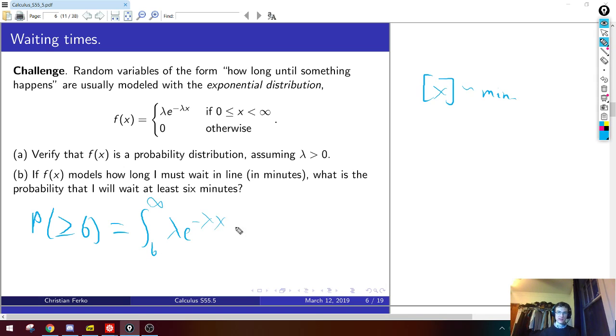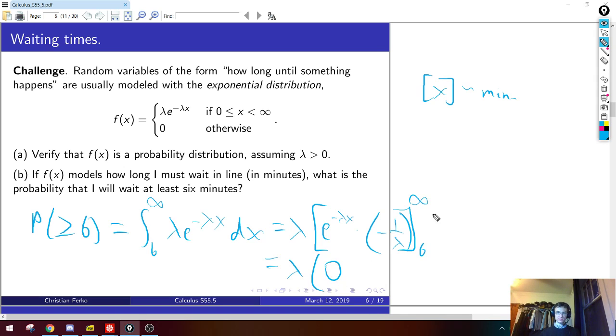Yeah, good. So we just integrated this, so what goes in the brackets again? That is going to be e to the negative lambda x times 1 over lambda. Yes, it is a negative, thus it is negative 1 over lambda. Not 0, sorry, 6. Good. So at infinity, this term goes to 0, and at 6 we just put in a 6 for the x, right?